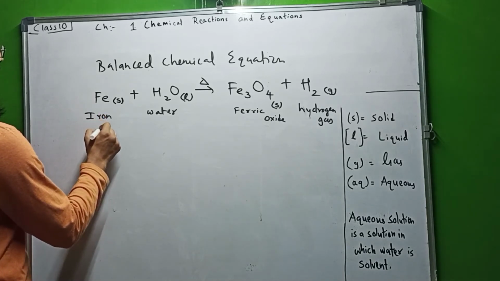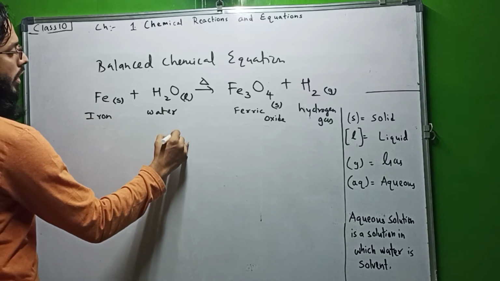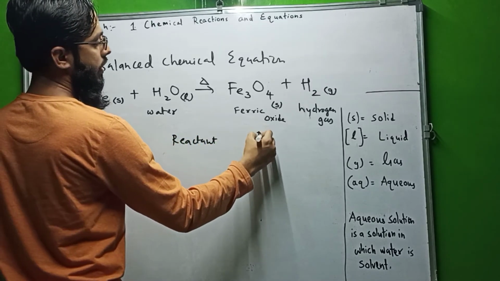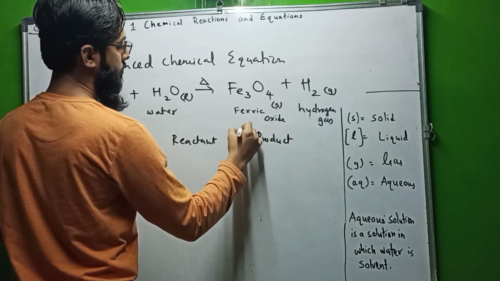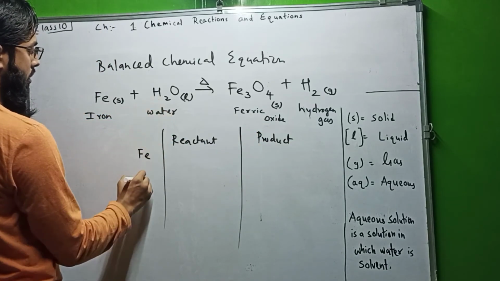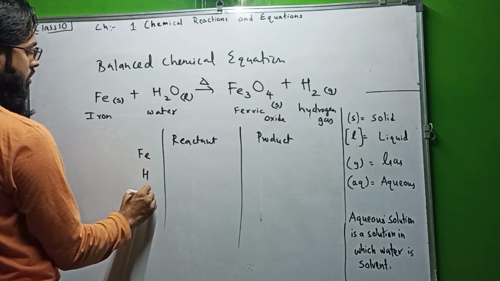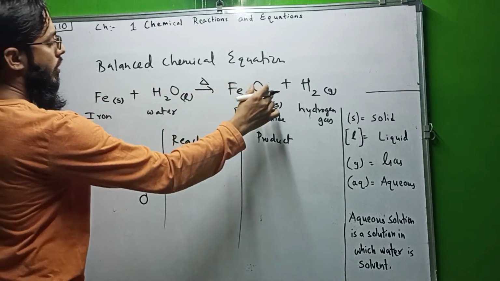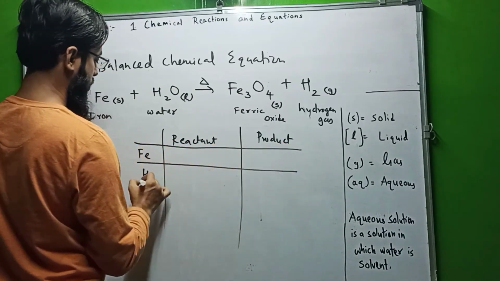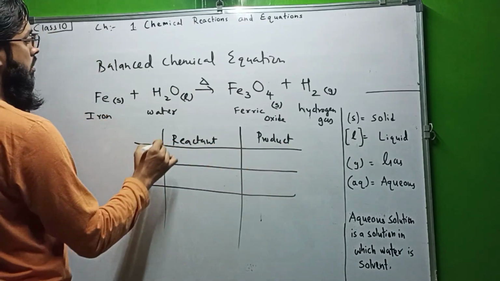So here we have the reactant side and the product side. Fe, hydrogen, oxygen: only 3 elements we have. Now write down the number of atoms.